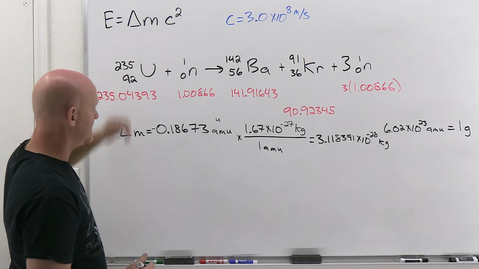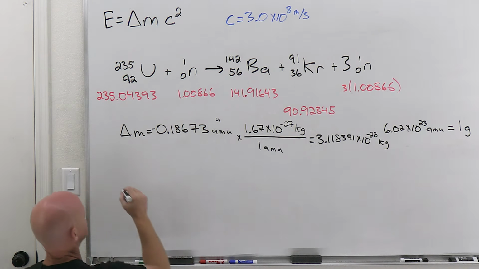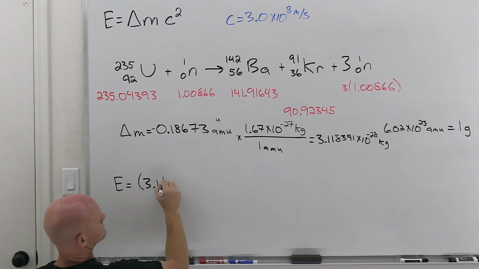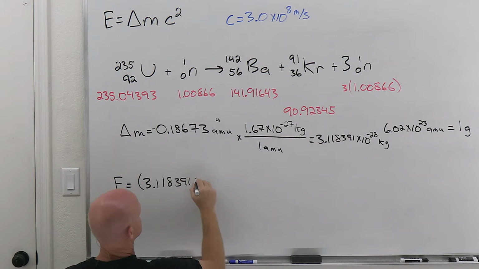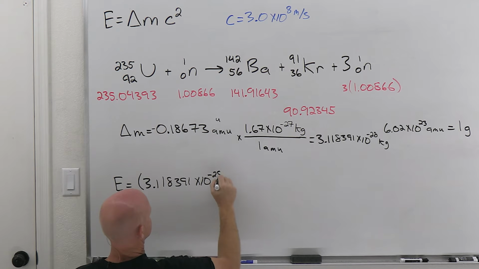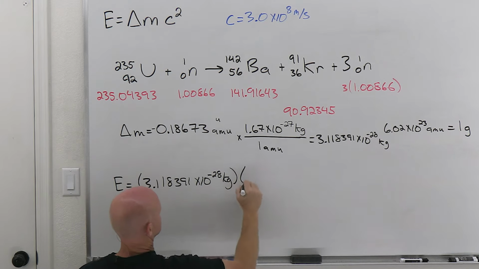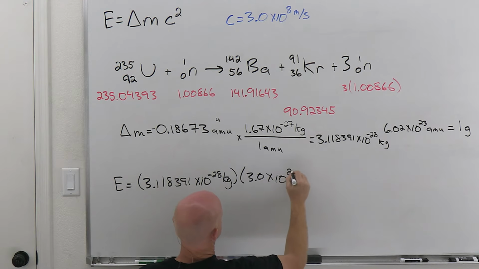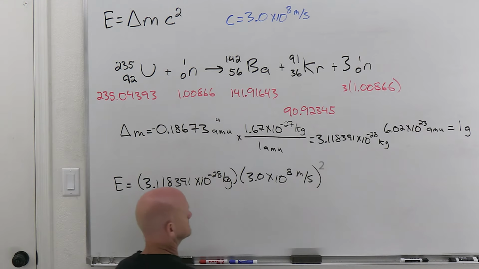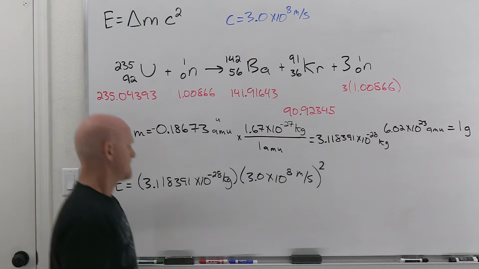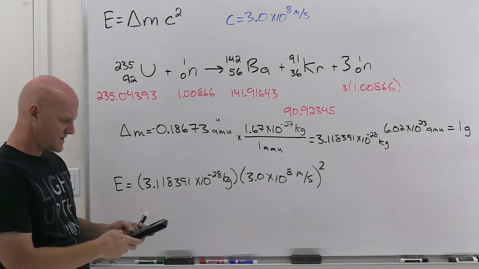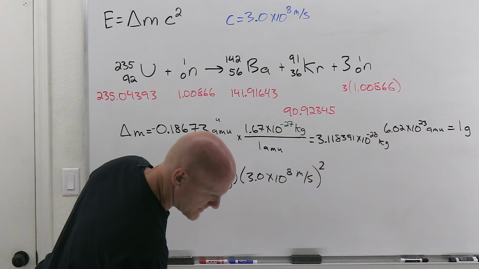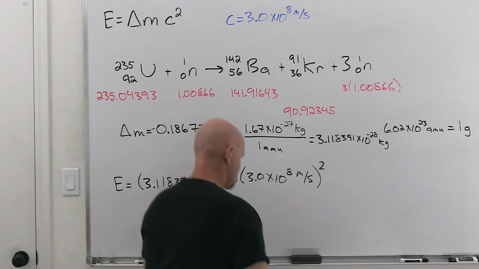And now we can plug that back into E equals mc squared, times 3 times 10 to the 8th squared, and we'll keep some sig figs here.